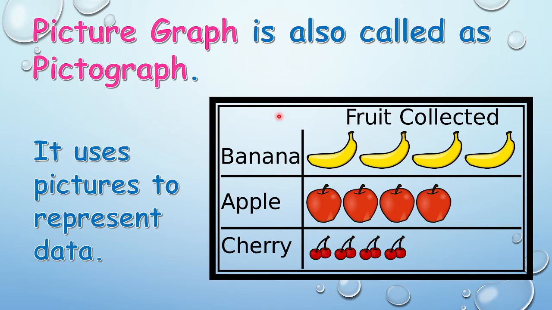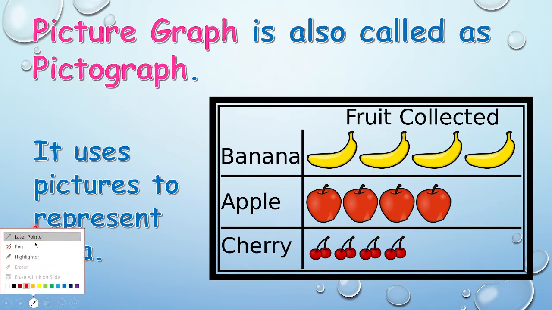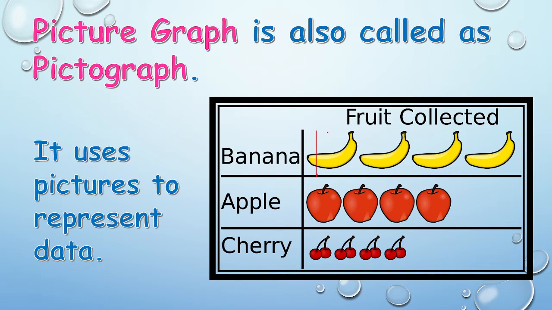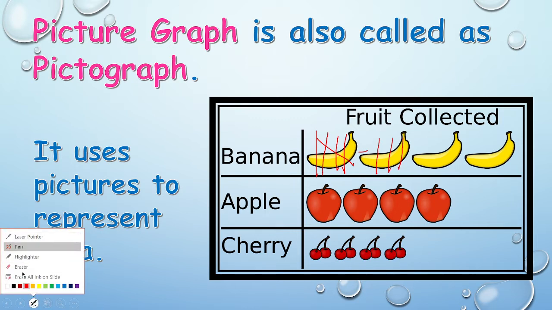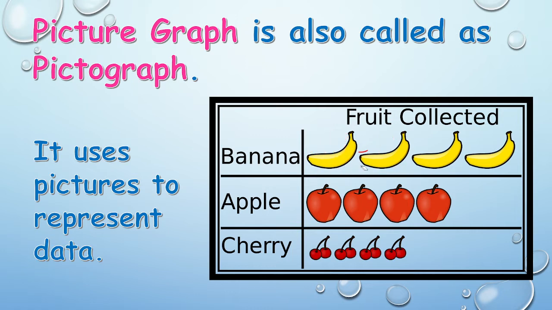Like, for example, instead of writing 1, 2, 3, sometimes when you count, you only do tally marks, right? 1, 2, 3, 4, and then 5, 6, 7, 8. Sometimes we do like that. For the picture graph, we use pictures to represent the number.